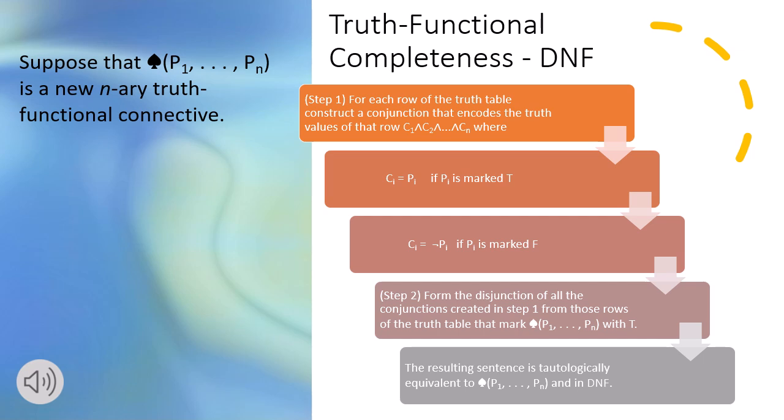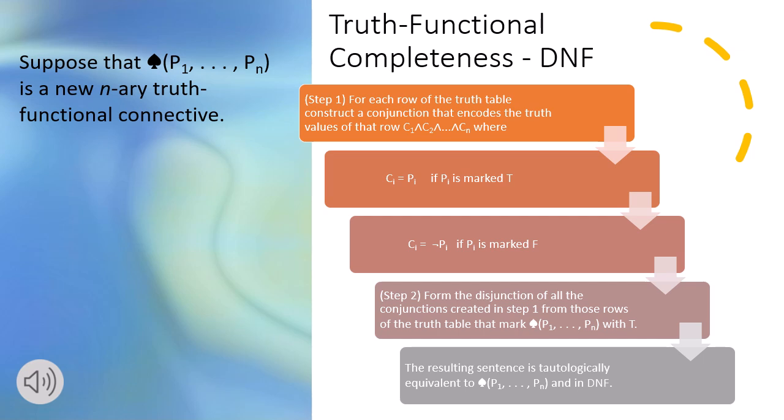Depending on those negations, this conjunction represents the truth values in that row. Now, those conjunctions that we created in step one, we form a disjunction of them, but not all of them. We only form the disjunction of those conjunctions from the rows of the truth table that mark our new connective, in this case spade, with a T. We find those rows marked T, and we form the disjunction over all of those.